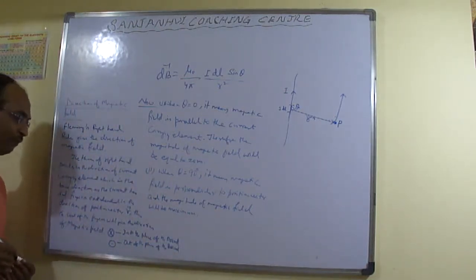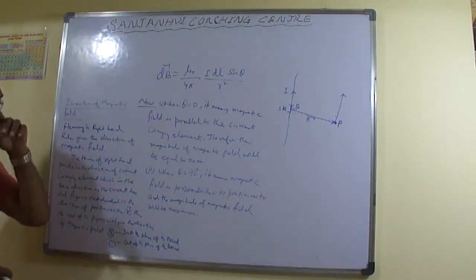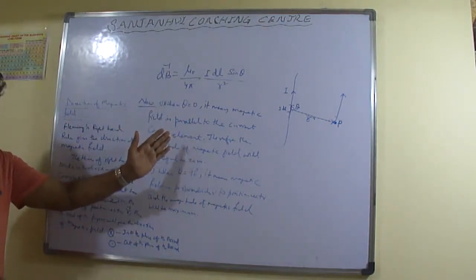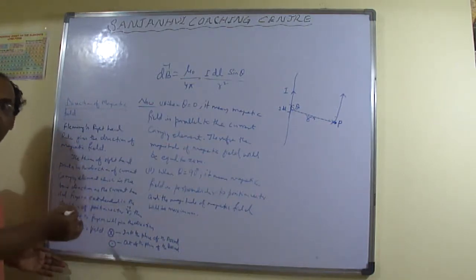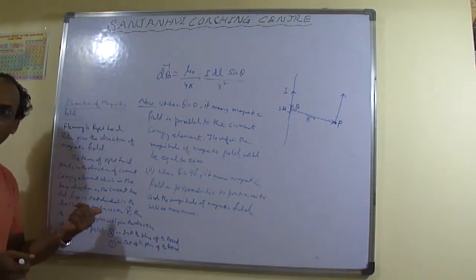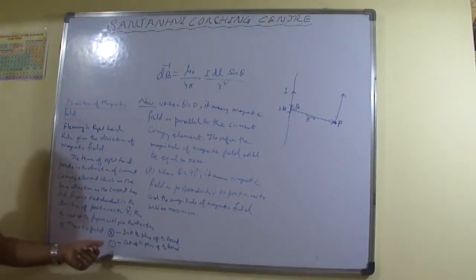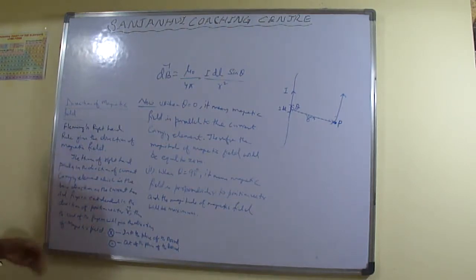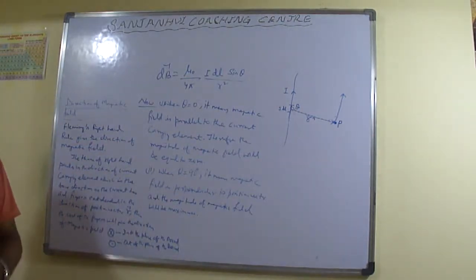Why are we talking every time about into the plane of the board and out of the plane of the board? Because in x and y axis we are taking either current carrying element or position vector. So the z vector is always either going into the plane of the board, or away from the plane of the board. So along z axis only it is being calculated.